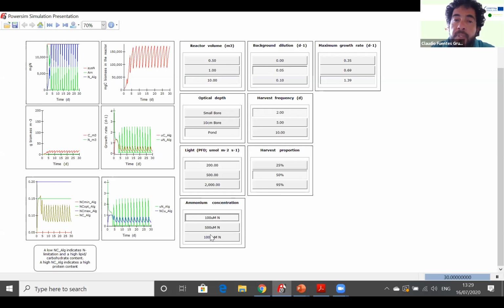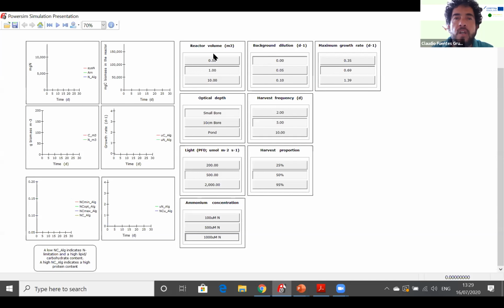And perhaps you will see a big difference on this when we change from Wales to near the equator, let's say 10 to 15 degrees from the equator, when we have a higher light incidence, and we will have full ammonia in there. So let's play again. This is the final one. We're going to have a reactor volume of 10 cubic meters.